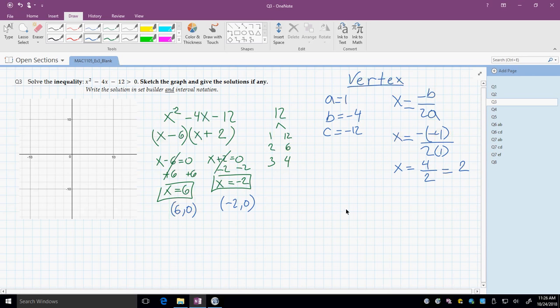Now to find the y value, I'm going to plug it into the original function, which is 2 raised to the second power minus 4 times 2 minus 12. That is the calculator problem.